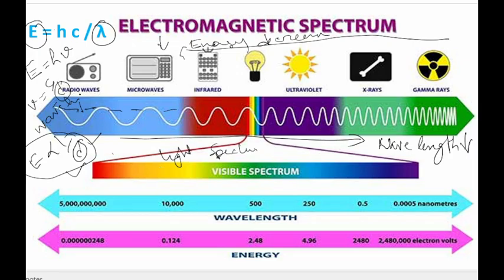Radio waves have more wavelength but less energy. Microwaves have less wavelength in comparison to radio waves, but they have more energy in comparison to radio waves.